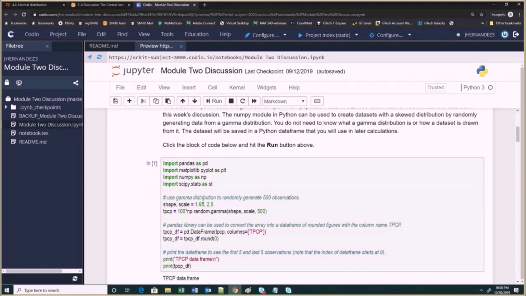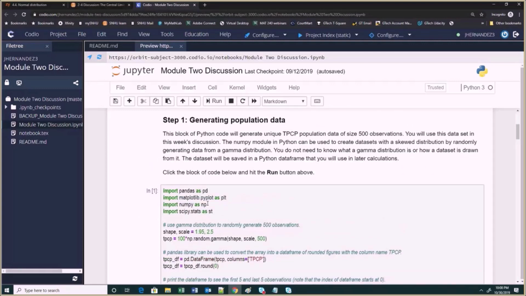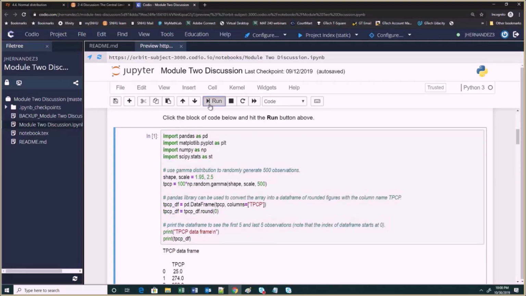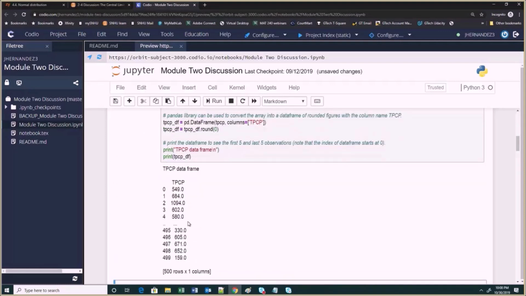In step 1, we're going to generate the population data that we are using. So let's do that. Here's the data set that came up. There are a total of 500 observations. Now let's go to the next question.